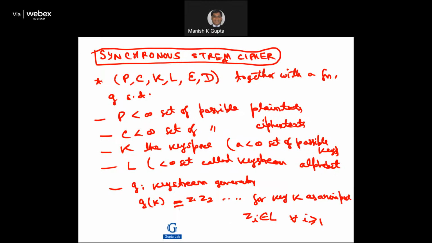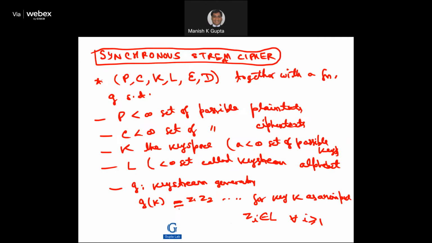So here is a formal definition of a synchronous stream cipher. It's a 6-tuple. P, the set of plain text. C, the set of ciphertext. K, your key space, a finite set of possible keys. L is a finite set called the key stream alphabet, because now we have a key stream.